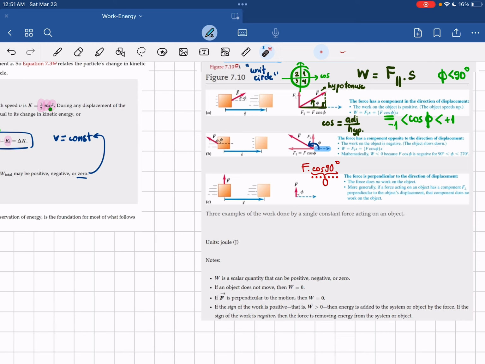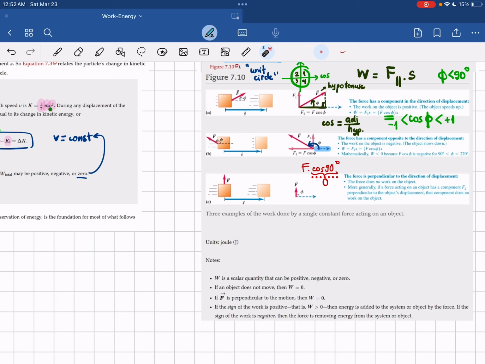Okay. If the sign of the work is negative, then the force is removing energy from the system or object. Let's think. Does it make sense to you? It makes sense to me, because if the force does not really help in the motion, actually it tries to pull the object backwards.